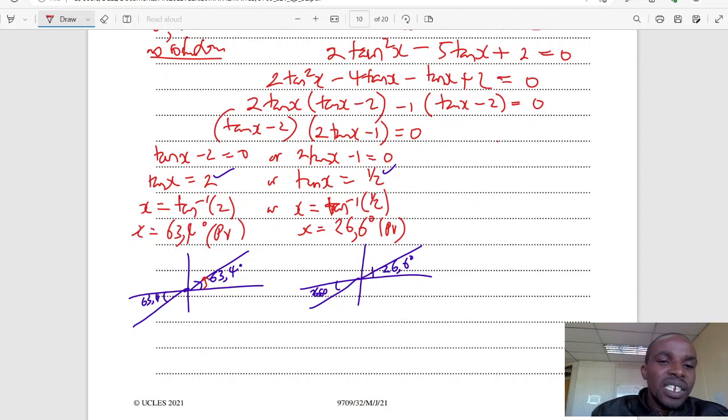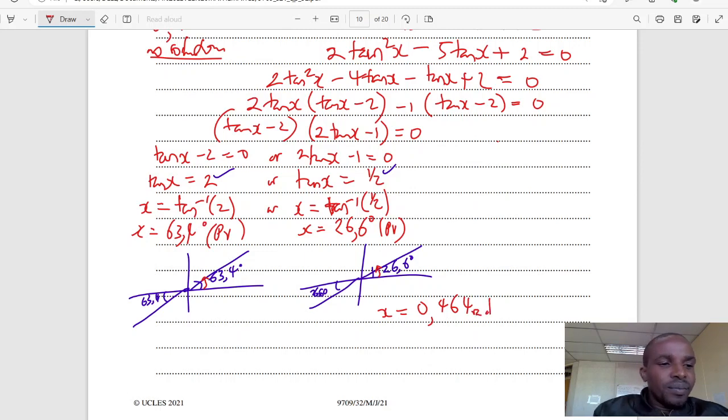Divide by 180. Then this one also is 26.6. So my x here will be 0.464 in radians.